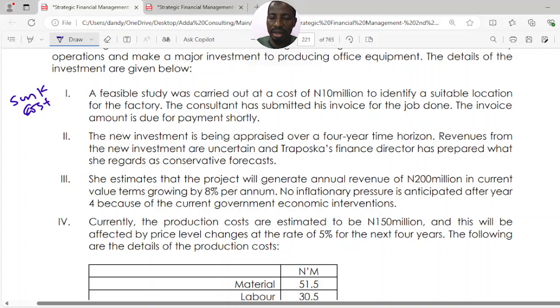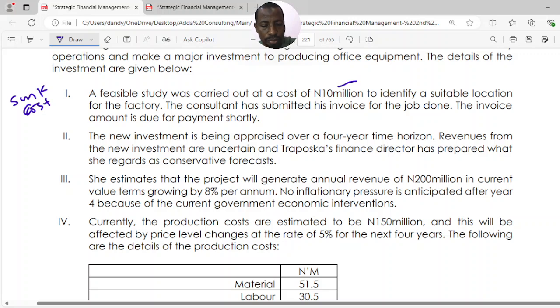That feasibility study cost of 10 million naira is a sunk cost. It's irrelevant, irrespective of when the payment will be paid. Remember, relevant cash flow must relate to the future. The feasibility study has already been conducted. Therefore, it is a past cost, a sunk cost, irrelevant, ignore.